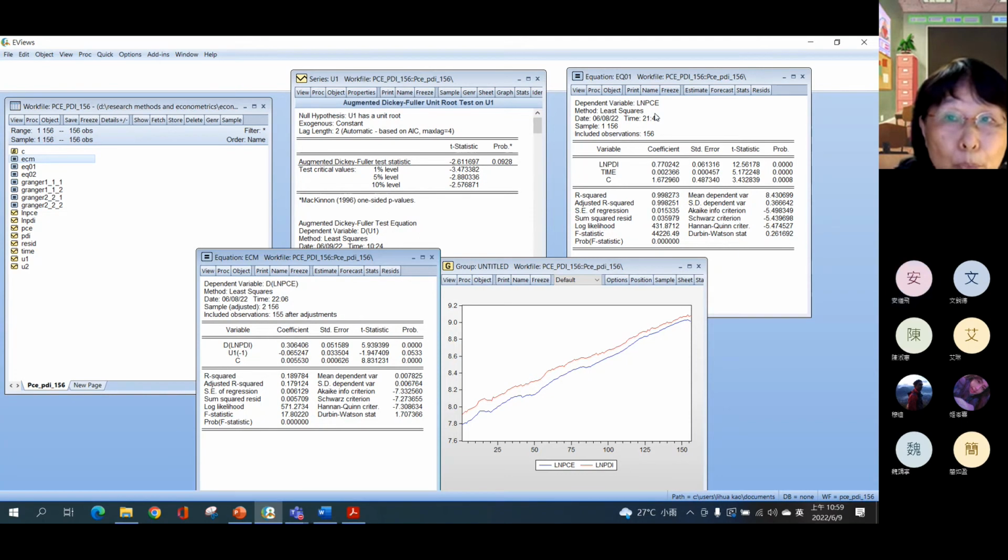So without running this one, you don't have the residual terms, and you have to test the residual term to make sure it is stationary. Then you can have the co-integrating regression. Then after that, you will have the error correction model. Yes, Prof. They're all related. Okay, Prof. Thank you.